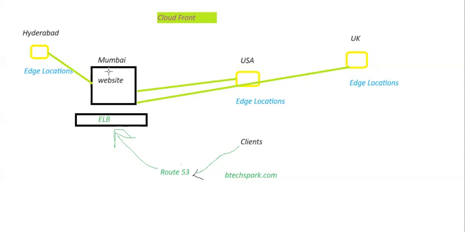If someone asks you, what is the use of edge locations in CloudFront? In CloudFront, we use these edge locations for what? For which purpose? We use these edge locations for caching.